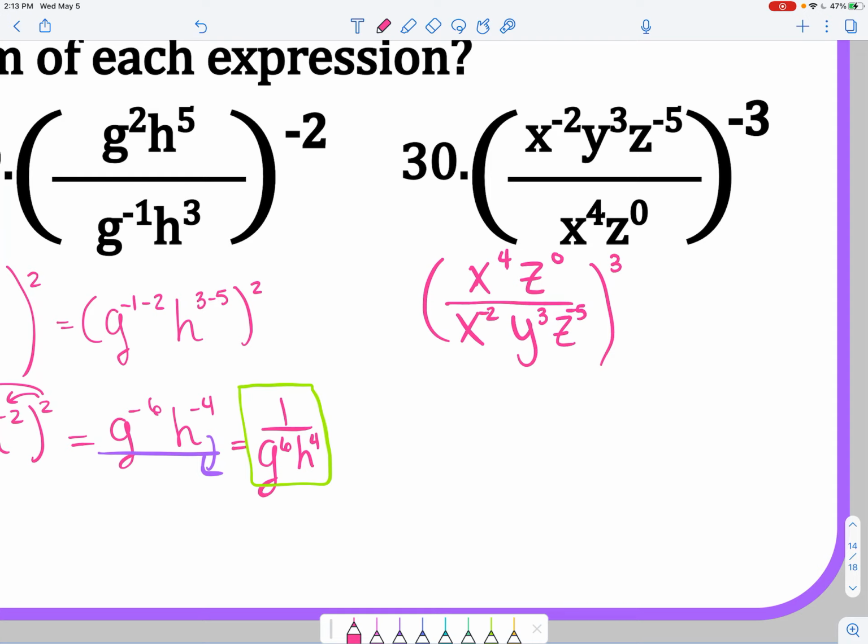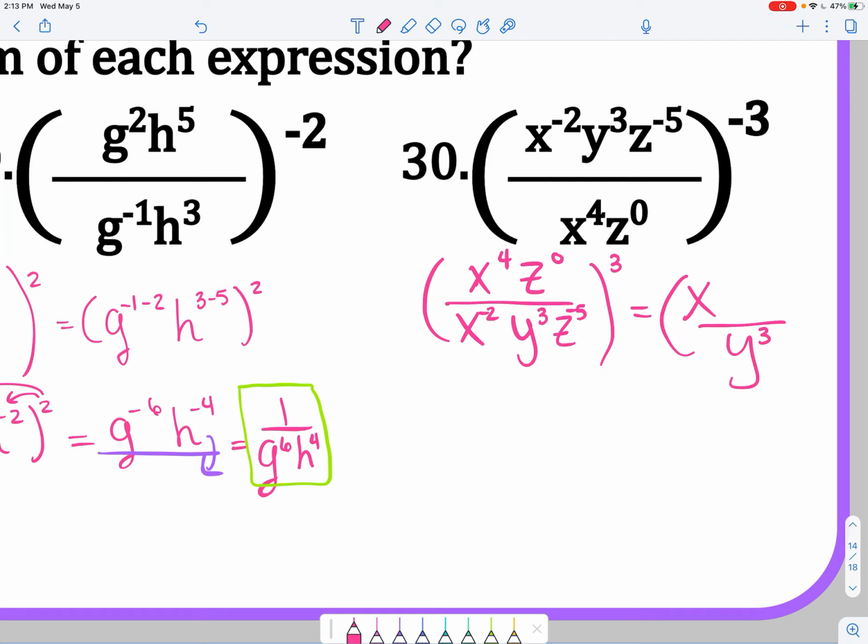And the outermost exponent's now positive. I have some matching bases of x and z, but I don't have any matching bases of y's. So I need to keep that y sitting in the denominator.